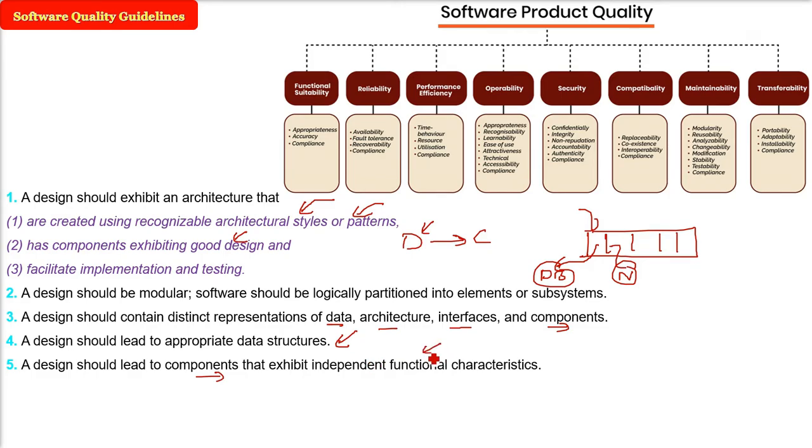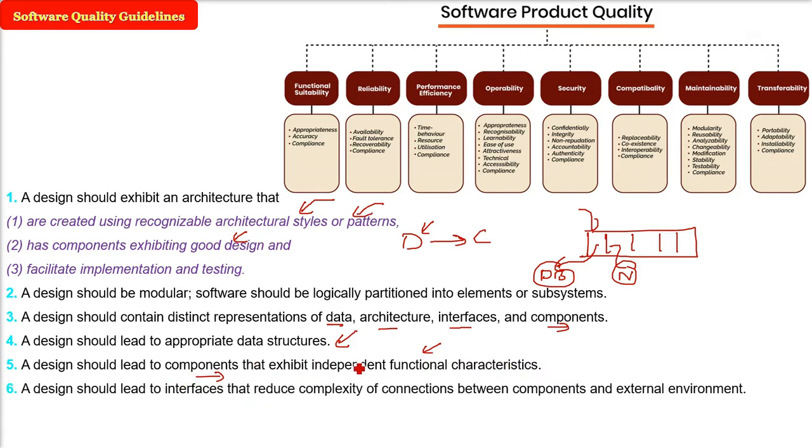That means the functional characteristics, as we have logically defined and partitioned, every function should be clear. A design should lead to interfaces that reduce the complexity of connection between components and the external environment. You are using components, you are interacting with the external environment. The interconnection should be easy, the coupling, the cohesiveness.